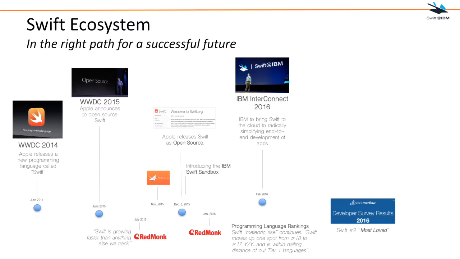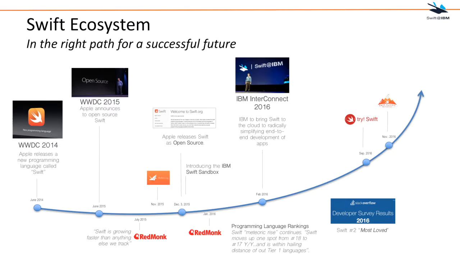In addition to general conferences, there are Swift-specific conferences and meetups, such as Try Swift and Swift Summit, that reflect the evolution of the Swift development community. So as you can see, Swift is 2 years old, but it is growing very fast.